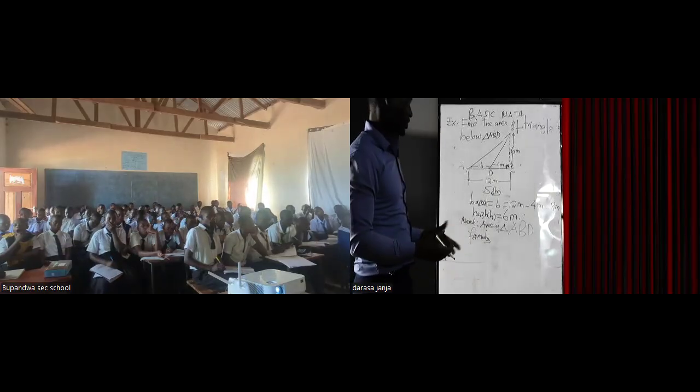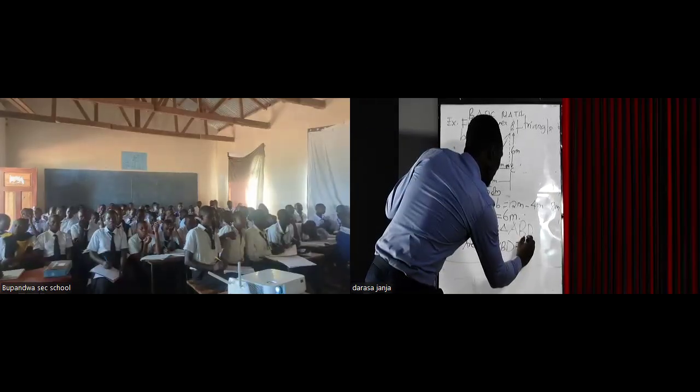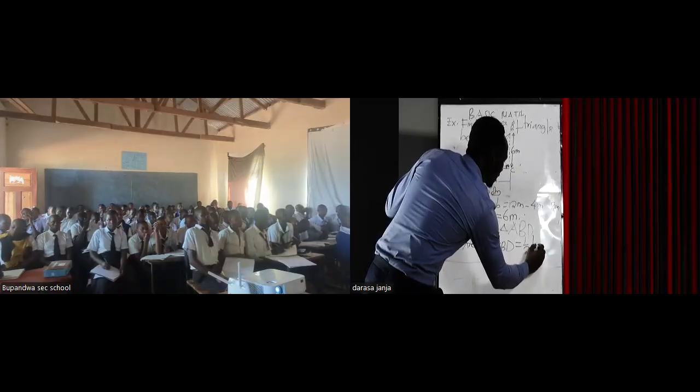So the formula for finding this kind of triangle: area of triangle ABD is equal to, are you looking? Okay, equal to half times base times height.